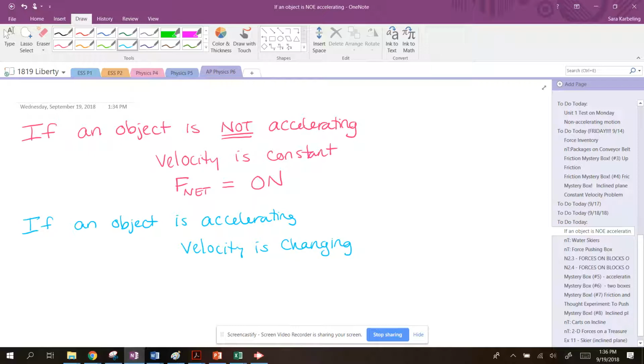And what can you tell me about its net force? Not accelerating means constant velocity and a zero net force. If it's accelerating, velocity is changing. Tell me about the net force. It can't equal 0, right? Logic tells us that it has to be not 0.